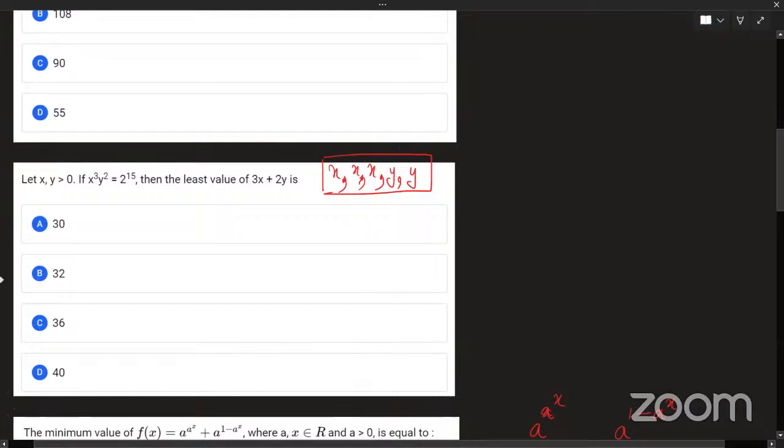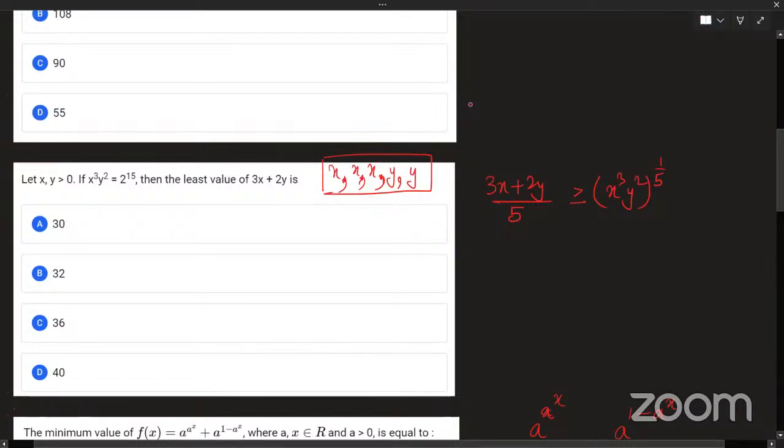Now you have 5 entities in total, right? You have 5 numbers, 5 observations. So I have x plus x plus x plus y plus y, so it is 3x plus 2y divided by 5 is greater than or equal to x cube into y square, whole raised to 1 by 5.